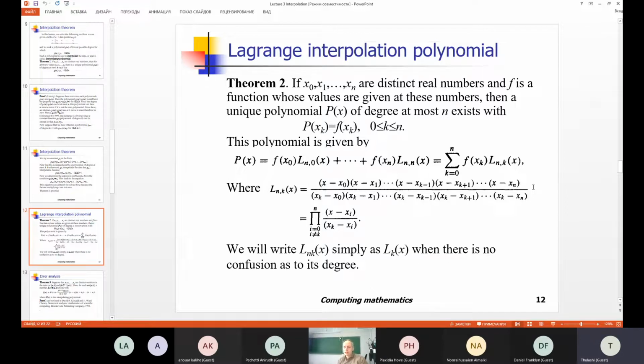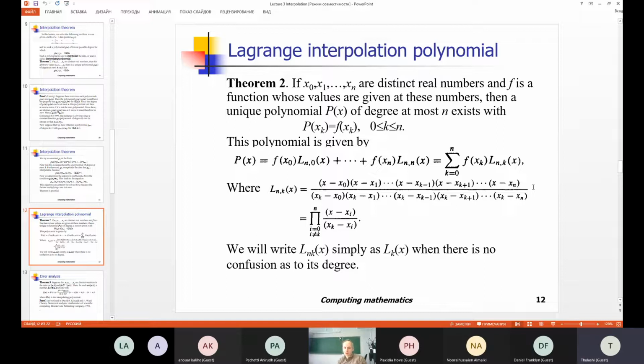If x0, x1, and so on xn are distinct real numbers, and f of x is a function whose values are given at these numbers, then a unique polynomial of degree at most n exists with the property P of xk equals f of xk for all k between 0 and n.